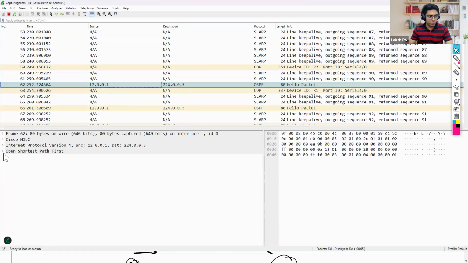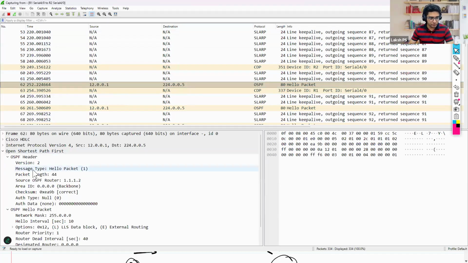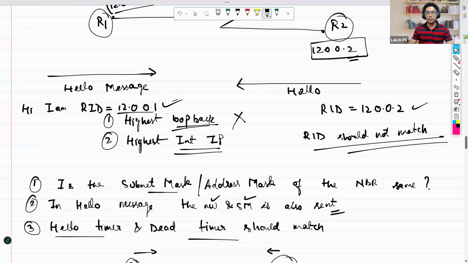Okay. Now let's open the OSPF messages. OSPF hello packet. What information is present? You can see the OSPF router ID, that is 1.1.1.2. And we discussed yesterday how a router ID is chosen. Router ID is chosen based on the highest loopback interface. And if there is no loopback present, then the highest IP interface will be chosen.